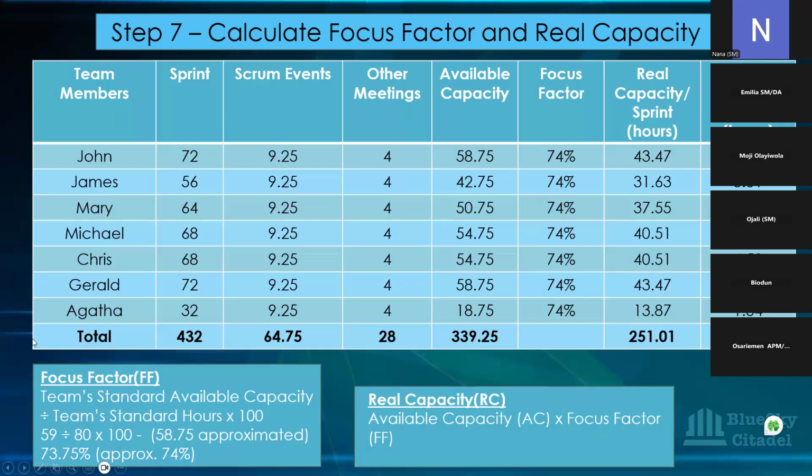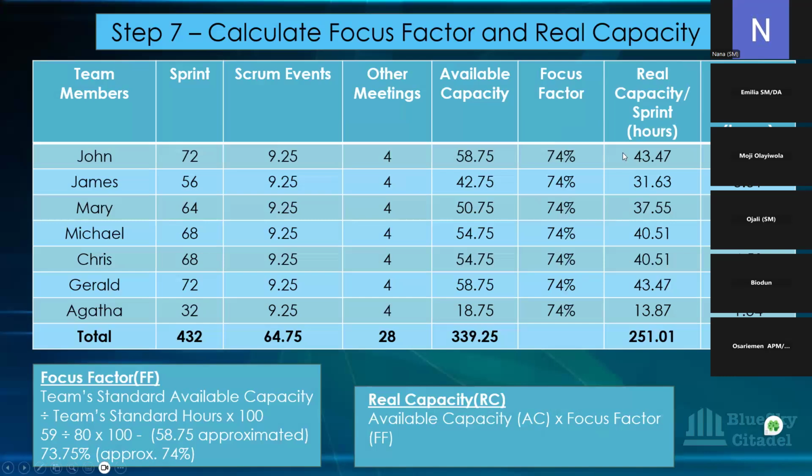That will give you 73.75. Again, just approximate it to 74. And that is how we come by that 74. So that 74 will be used for everybody. You won't be working out a focus factor for each person. Your focus factor is for everyone, including the ones that are taking individual or partial day off.